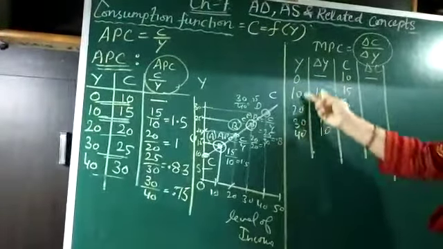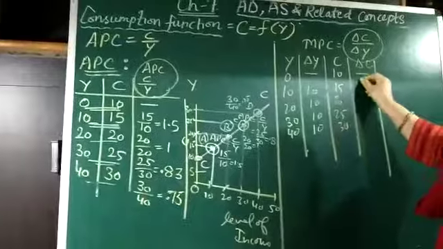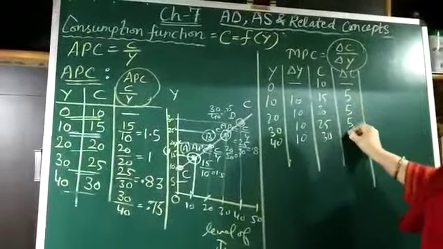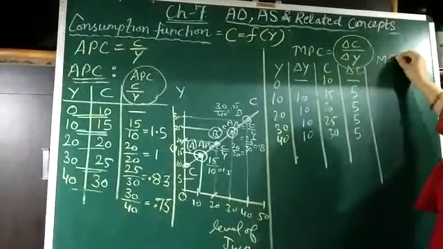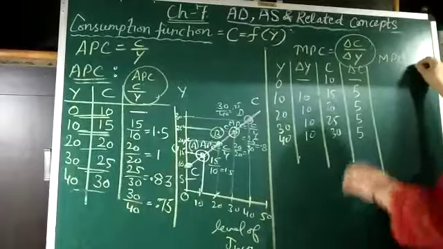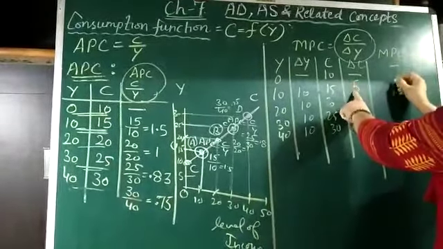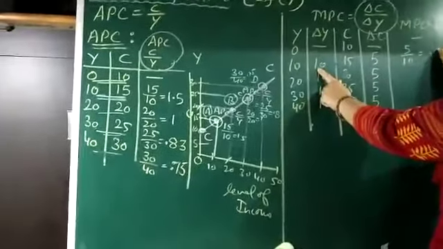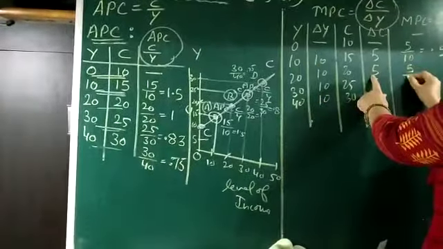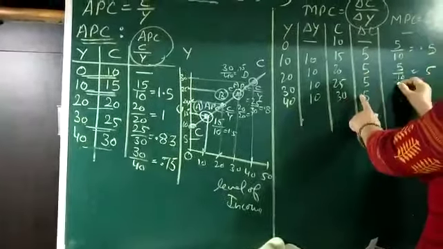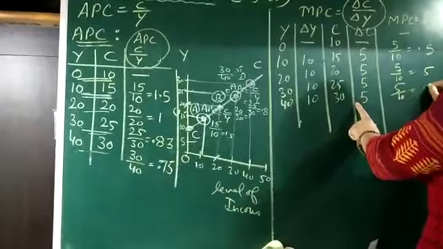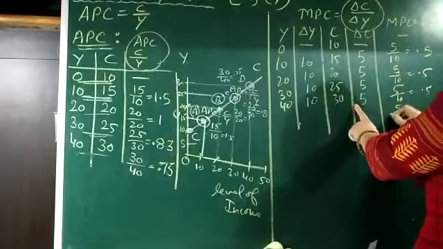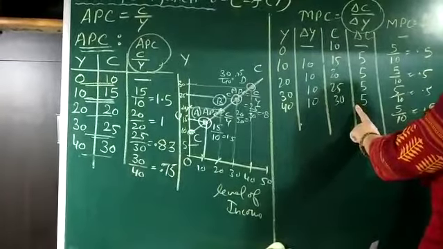Each and every change carries 10 units and this change carries 5 units each. For the calculation of MPC, delta C upon delta Y. First one, 5 upon 10 is equal to 0.5. Next 5 upon 10 is equal to 0.5. 5 upon 10, the marginal values are almost the same at all income levels.